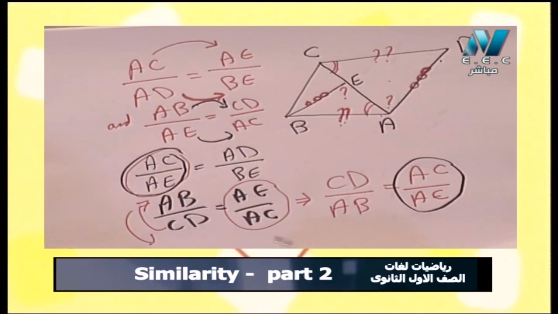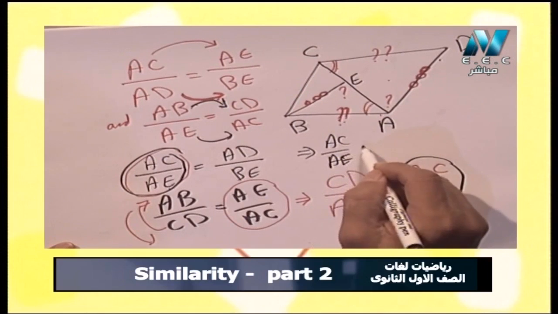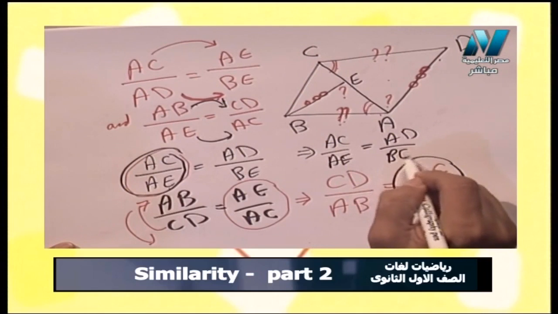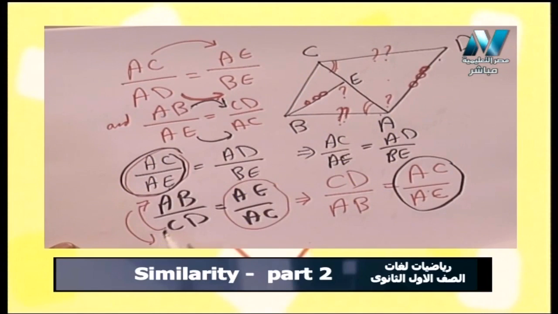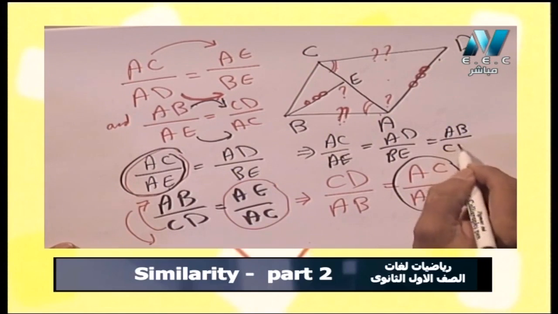So we have two ratios that are equal from the two triangles here. So we can easily prove that the ratio AC over AE equals AD over BE, which is this one, equals AB over CD.